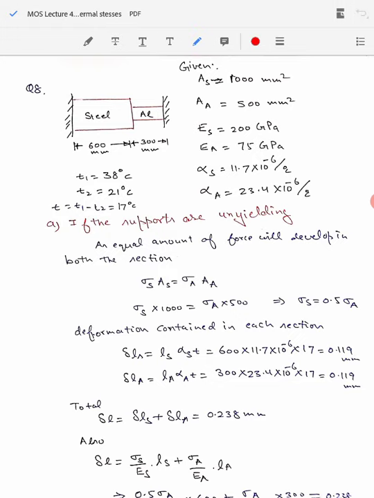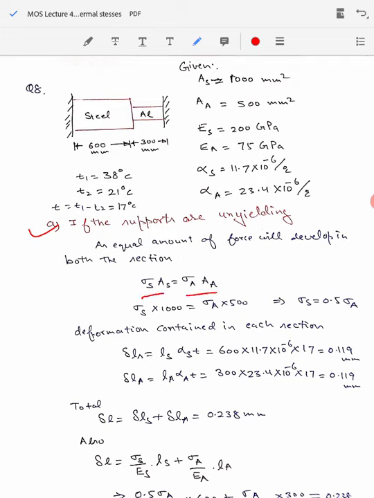Now let's take the first case when the supports are not yielding, or there are perfectly rigid supports, the walls are perfectly rigid. In this case, as I told you earlier, because there is a reduction in the temperature, the walls are not allowing the bar to contract, causing tensile stresses to set up, and the tension force in the steel and aluminum will both be equal in magnitude.